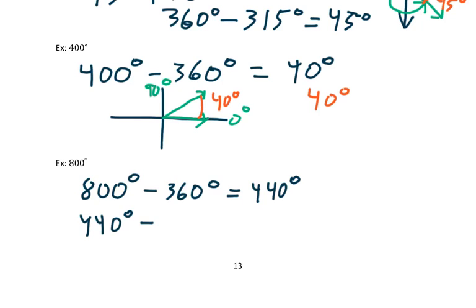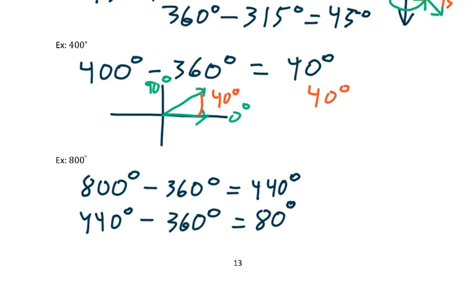That's going to be 80 degrees. So in this case, 800 degrees is coterminal with 440 degrees, which is itself coterminal with 80 degrees. So the angle we're going to work with is 80 degrees.